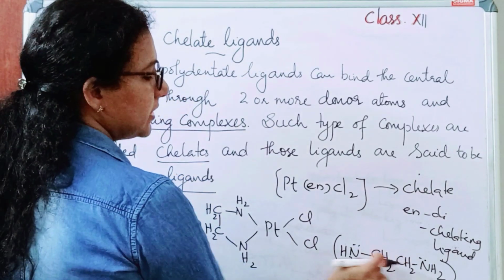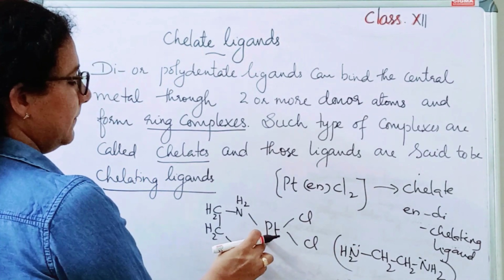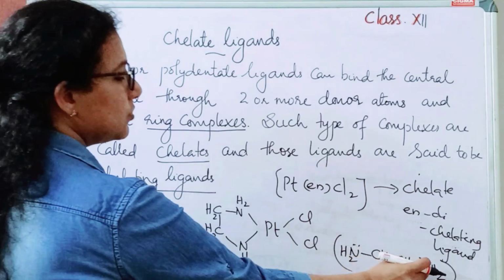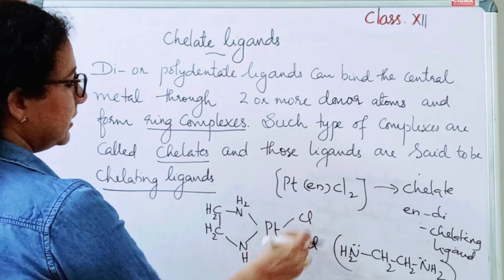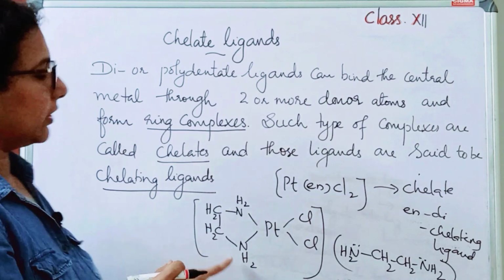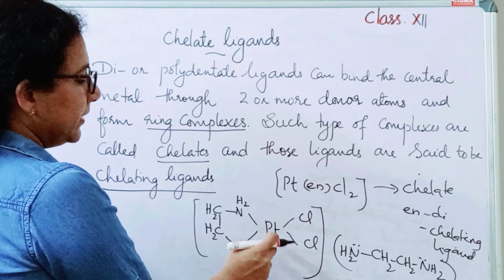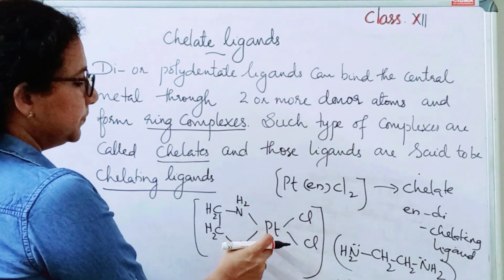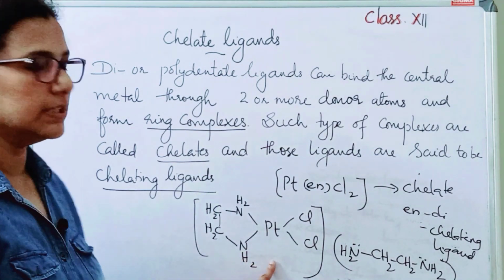These two nitrogen atoms are the donor atoms which can bind the metal. So this is the structure, and it is in the form of a ring. It's a ring complex since it has a chelate ligand En, a didentate ligand. So this complex is a chelate complex.